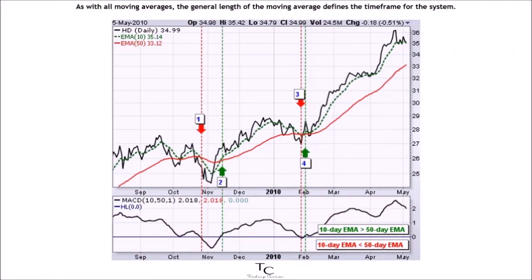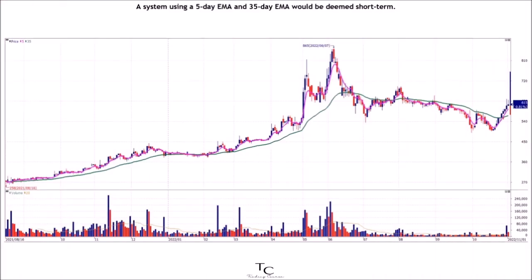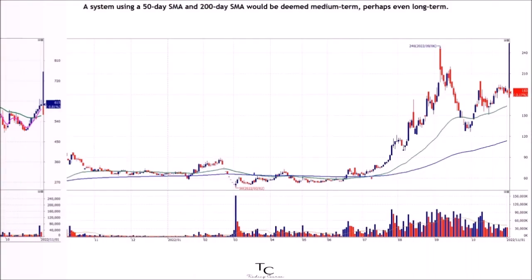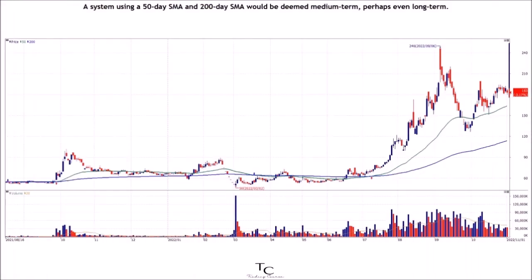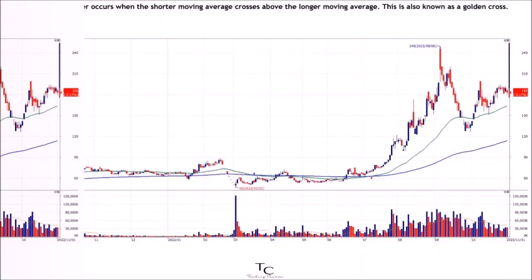As with all moving averages, the general length of the moving average defines the timeframe for the system. A system using a 5-day EMA and 35-day EMA would be deemed short-term. A system using a 50-day SMA and 200-day SMA would be deemed medium-term, perhaps even long-term.